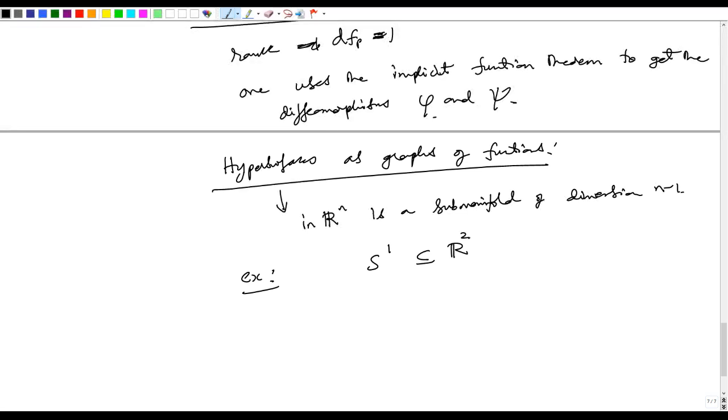We normally don't use the term hypersurface for a curve, but it fits the definition anyway. The key point in that statement is that it's locally a graph of a smooth function.